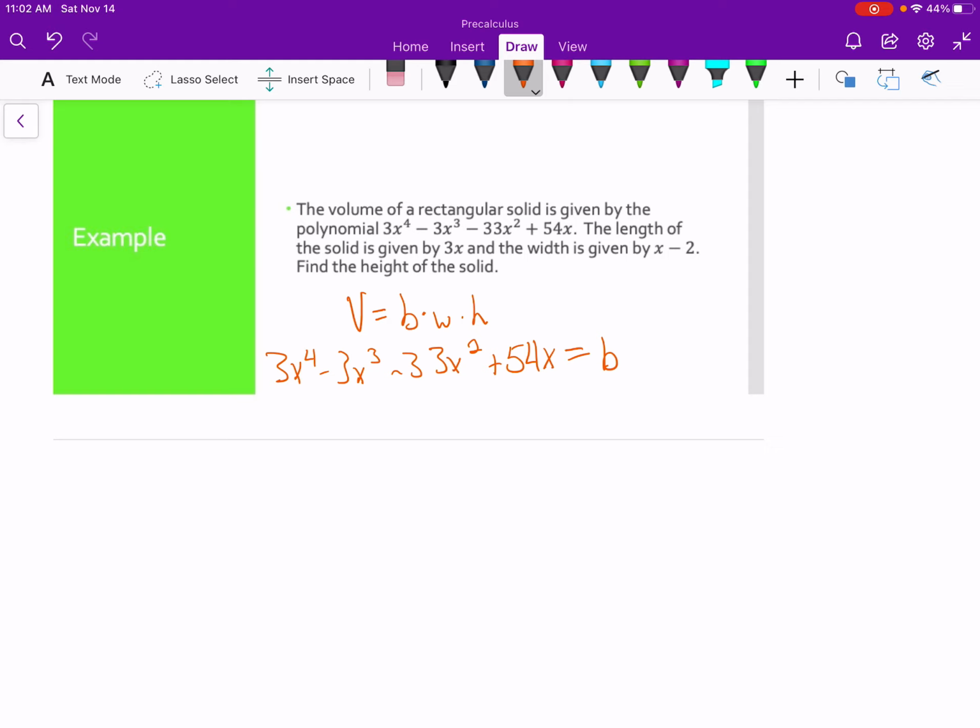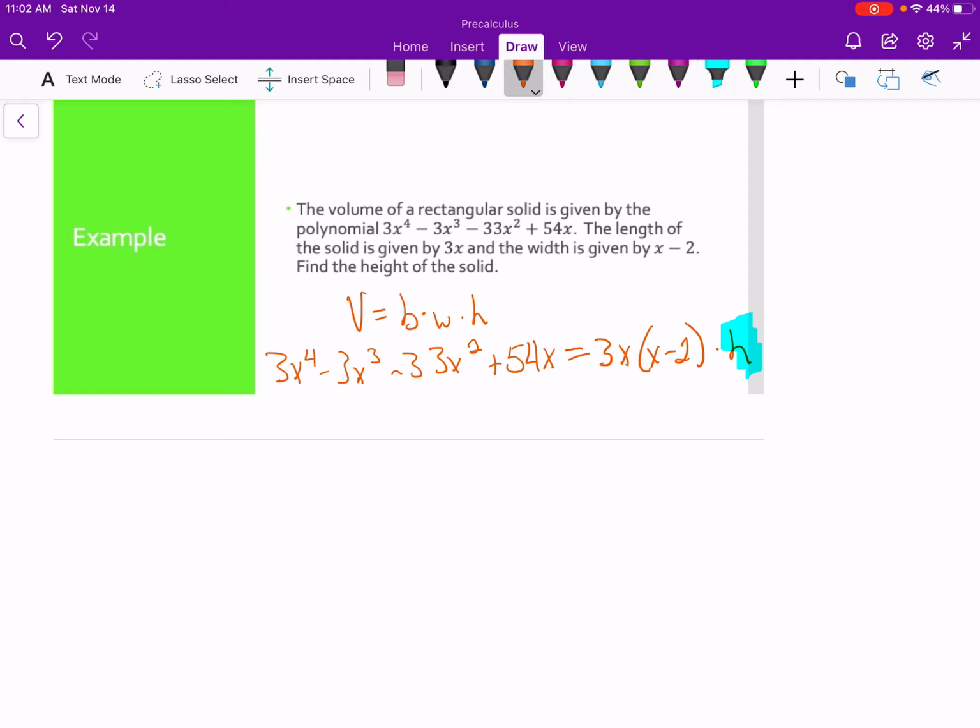Actually, we do know, some people write it differently. So we have two of our different lengths, we have 3x, we have x minus 2, and then we have our height, and we're trying to find that height.